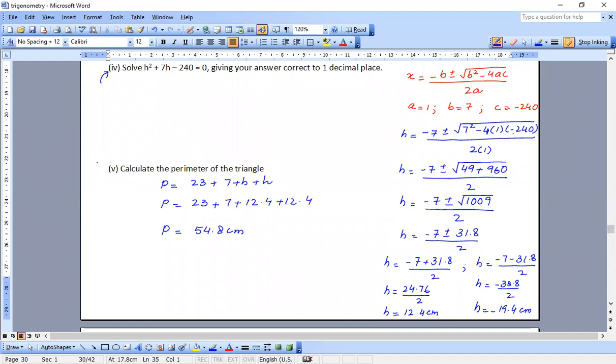But when it comes to calculating the perimeter, I'll only consider the positive value, because a negative value of a side is not applicable. So when you're solving part 4, you may continue solving till the end and generate both the values, because that is just asking us to solve the equation. But for the computation of the perimeter, we'll only consider the positive one. Thank you.